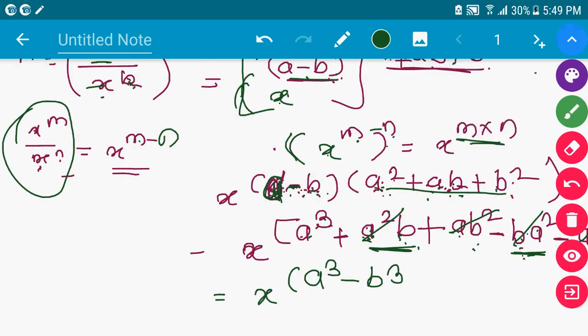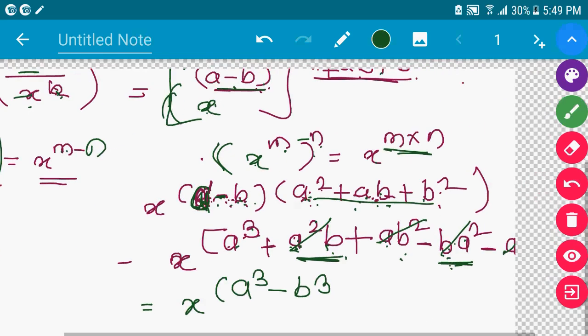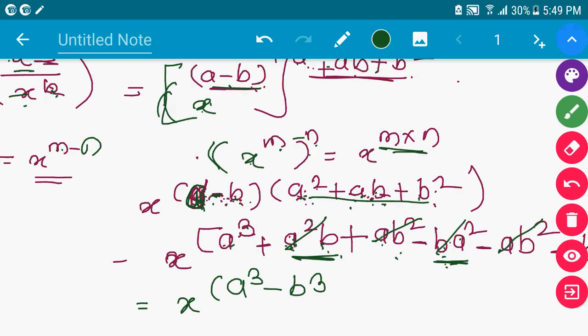So a square b will get cancelled. Like if 2 plus 2 minus 2 is there, we say the answer is 0. So a square b minus a square b cancel, ab square minus ab square get cancelled. So the remainder is x raised to a cube minus b cube.